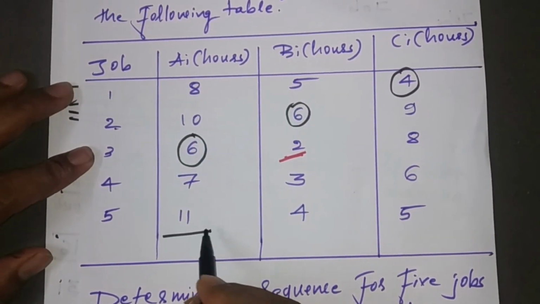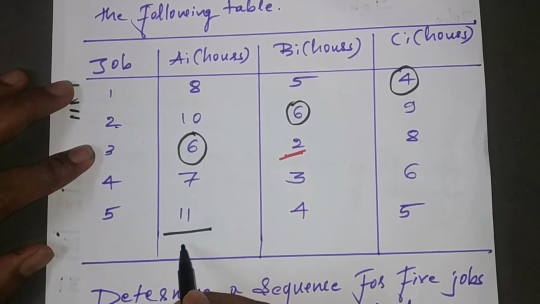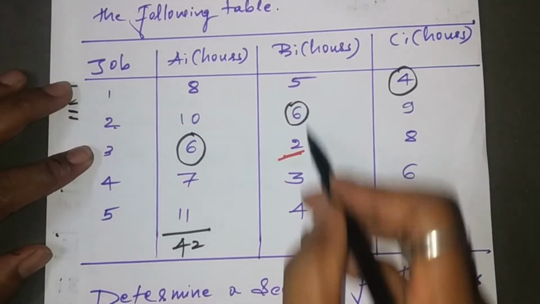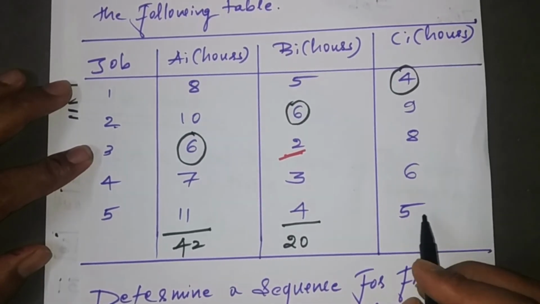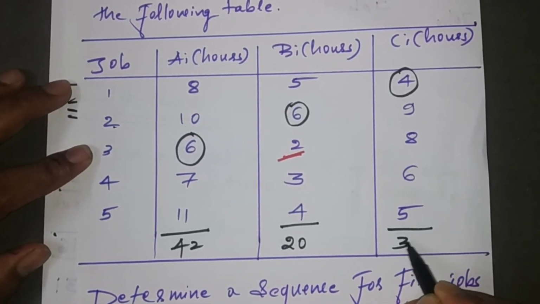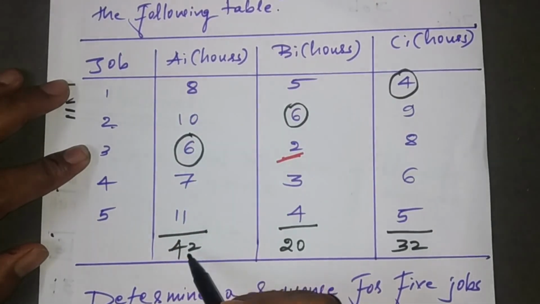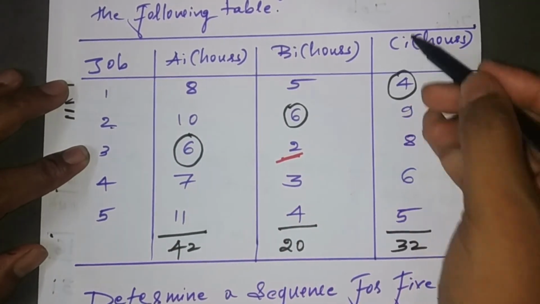The total addition will give me 42, and for machine B, the total addition will be 20, and this total addition will be 32. These are the total processing times for machines A, B and this is C.